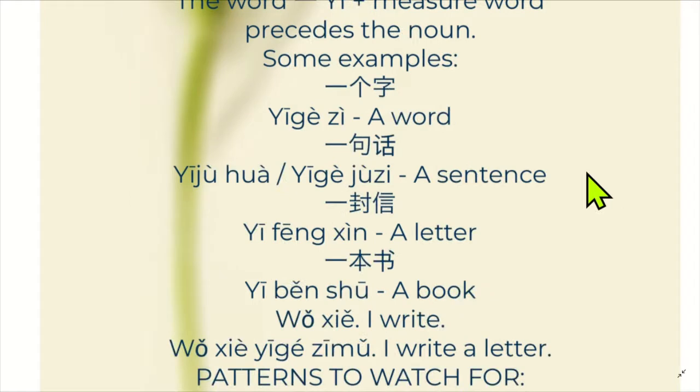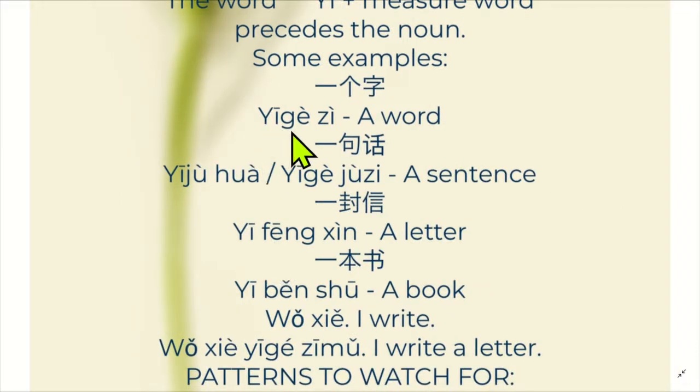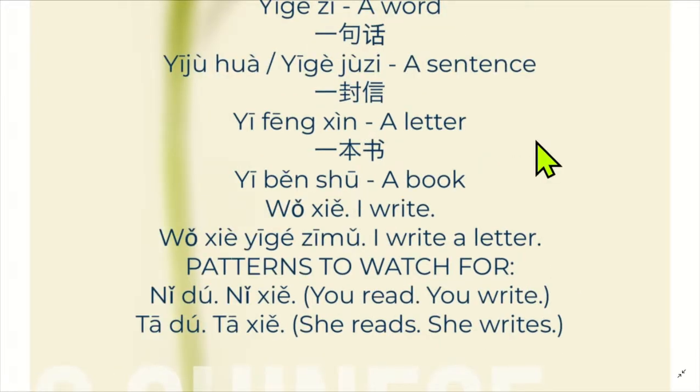For example, 一个字, a word, one word. 一朵花. 一个句子, a sentence. 一封信, a letter. 一本书, a book.